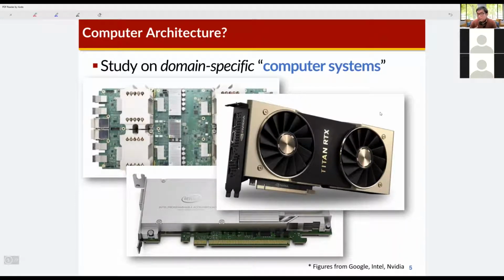If we mention computer systems, that means a system equipped with a general processor called CPU, a central processing unit. But recently, many computer architecture researchers focus on specific types of processors called domain-specific architectures. I believe the most famous domain-specific architecture is the GPU, or graphics processing unit.